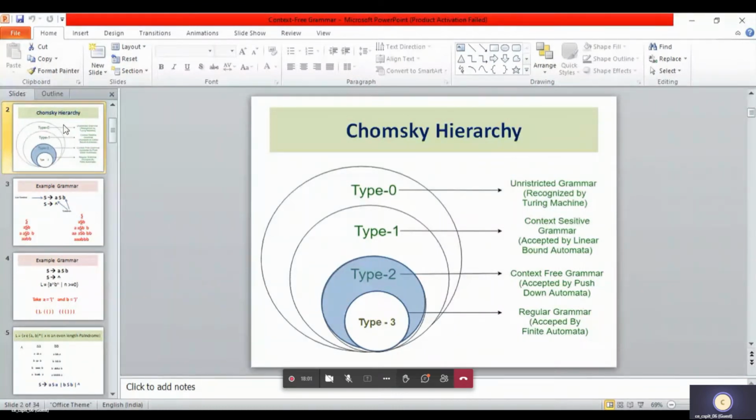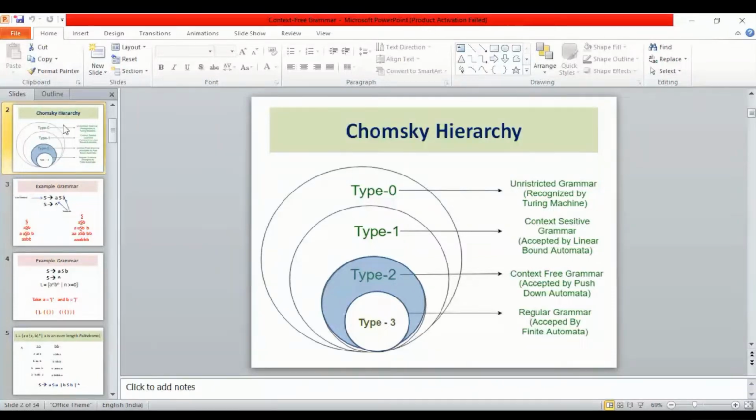And as you are aware, we cannot do any comparison in finite automata because we don't have any memory associated with finite automata. On the other hand, for context-free grammar, we use an abstract machine called push-down automata, which uses a stack as memory to check whether a given string is accepted by the machine or not.